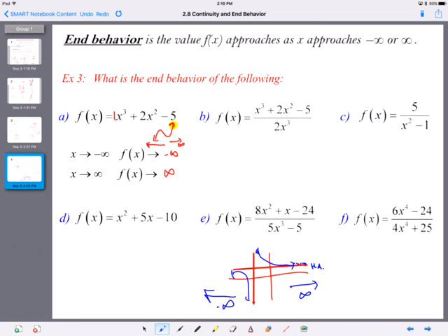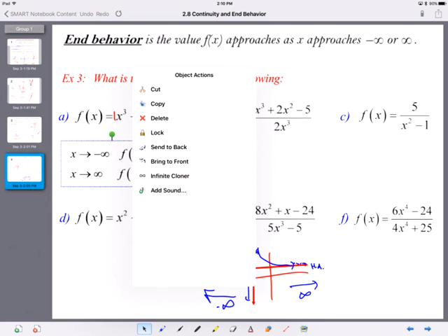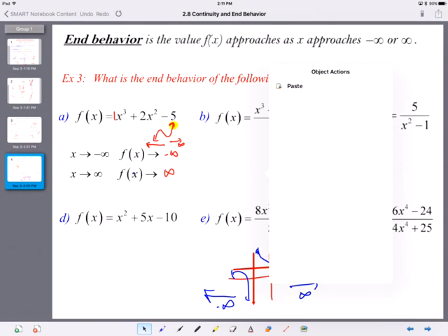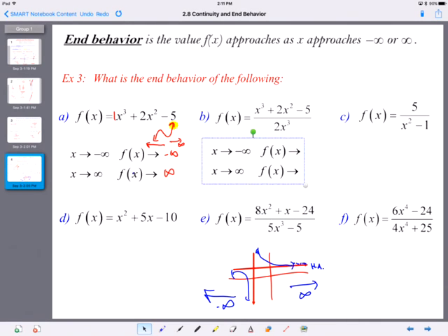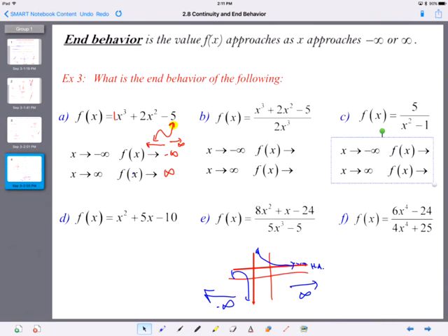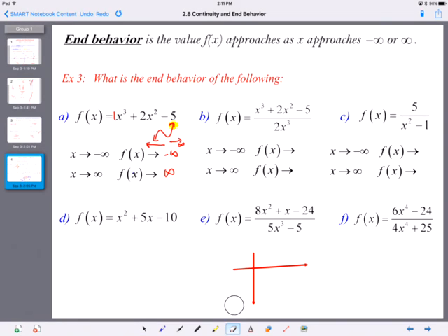So if you can identify the horizontal asymptote of a rational function, then you can identify the end behavior. Okay? And we're going to answer these questions now looking at the horizontal asymptote.